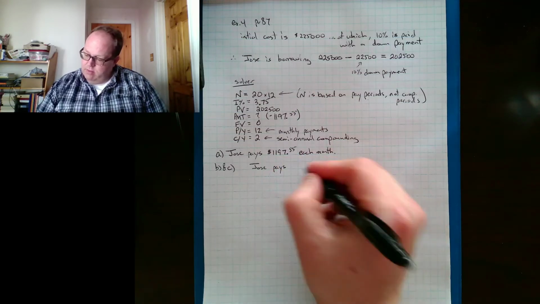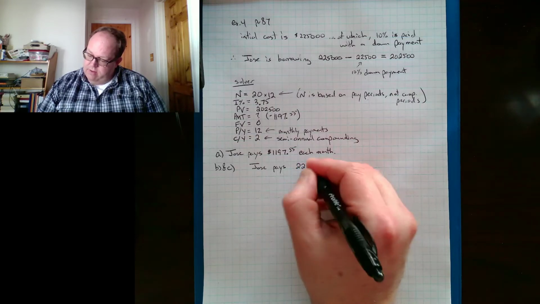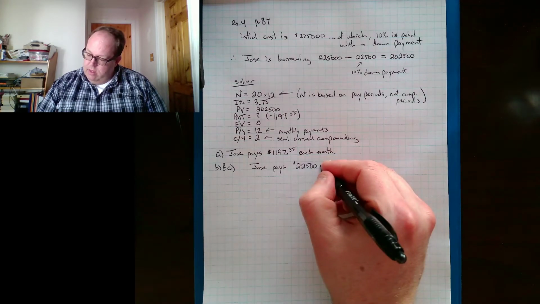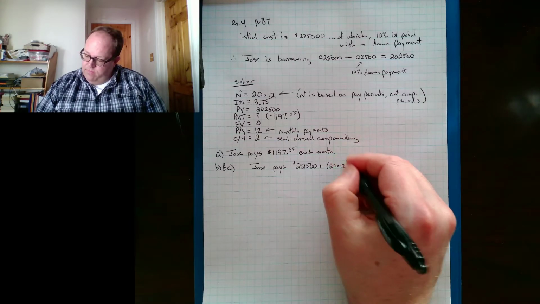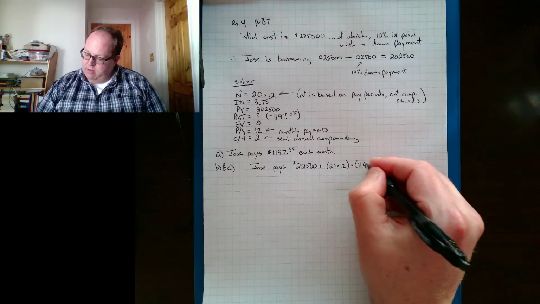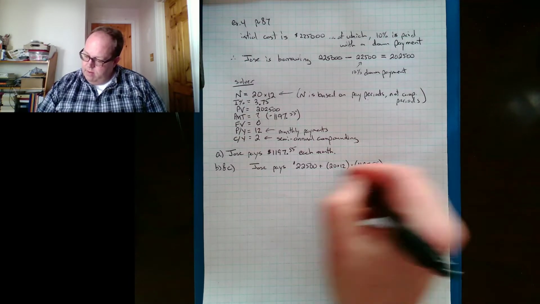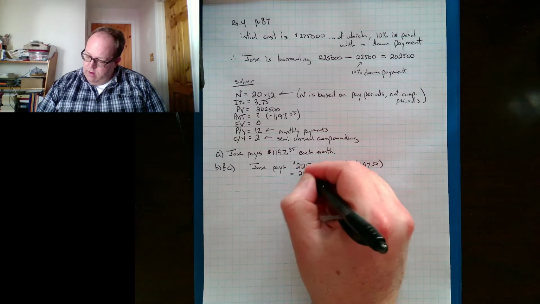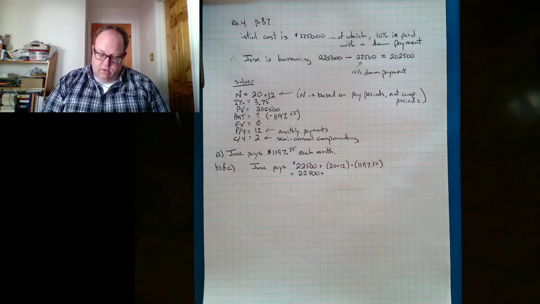Jose pays the $22,500 down payment plus this many months worth of payments, and I just want to get that number off the gate there. 20 times 12 times 1197.55.